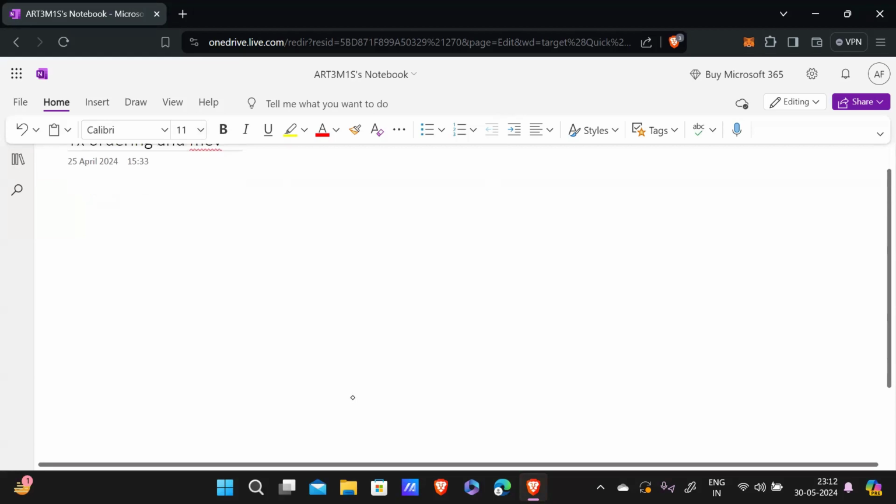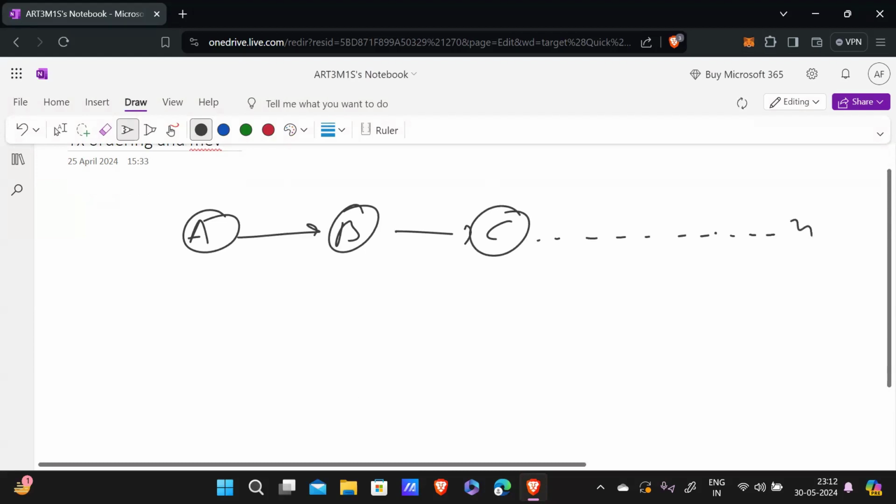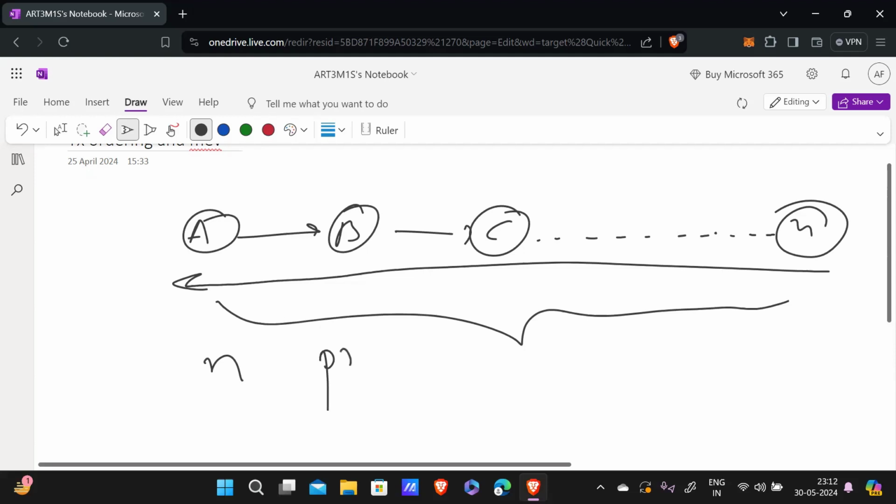So in PGA, suppose the transactions are in this manner: A, B, C, and there are n transactions in this way. I have first selected n transactions on the basis of the priority gas fee that the person is paying me.